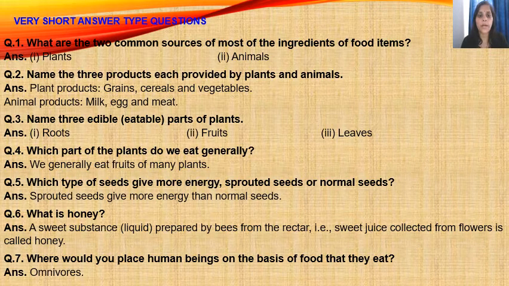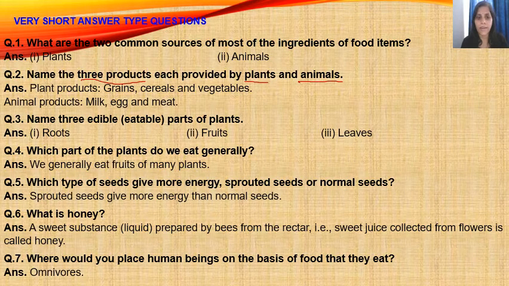Name the three products each provided by plants and animals. You have to write the three products given by plants and animals. From the plant we get grains, cereals, vegetables, fruits, spices, tea, coffee, medicine, anything you can write.